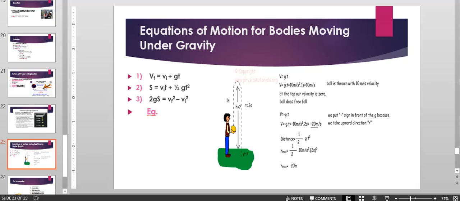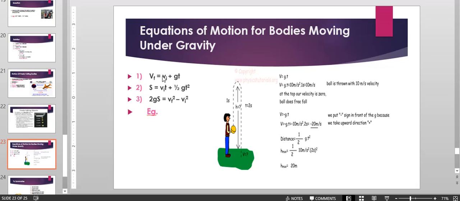As you can see in this diagram, this boy is trying to throw this ball upward. As soon as he throws the ball upwards, the initial velocity of this ball will be 0. To find out the velocity of this object, we'll use the first equation, Vf is equal to Vi plus gt.